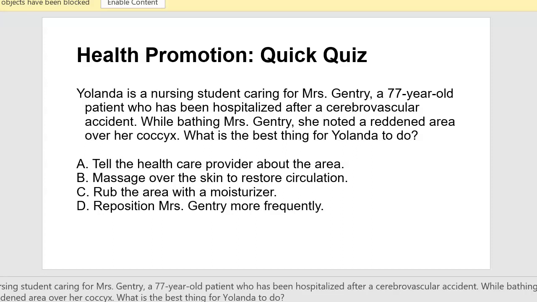We do not massage reddened areas because those reddened areas that are non-blanchable are already injured, and massaging creates further injuries. So we need to position the patient to reduce pressure and shear on the skin. That might mean turning every 2 hours if they're in bed, or more, if they have an ulcer, it might need to be done every hour.